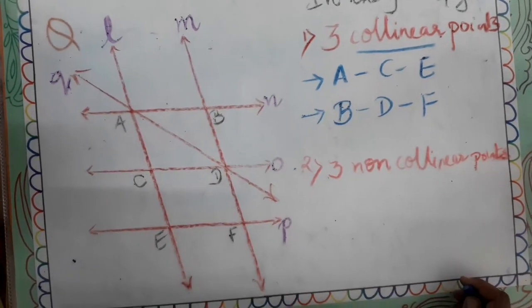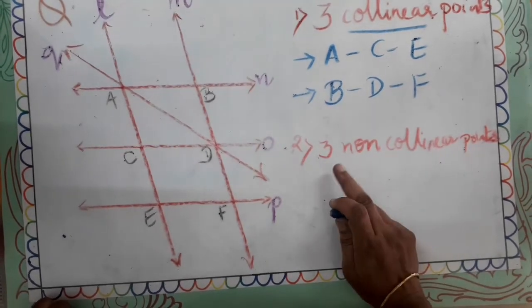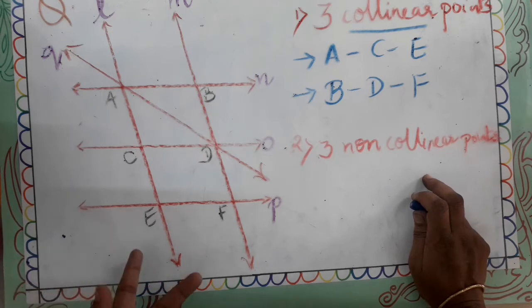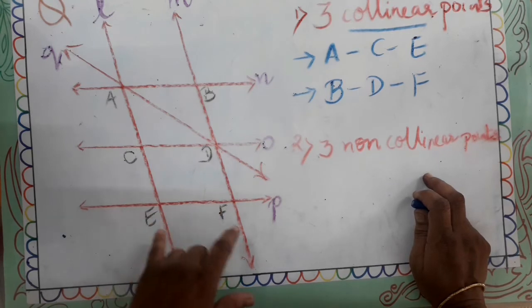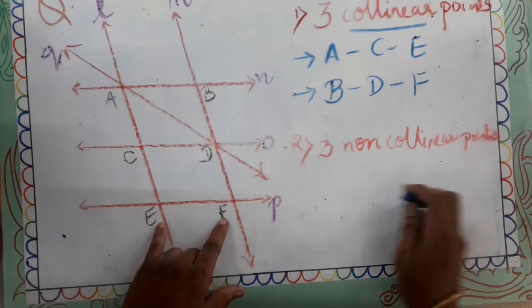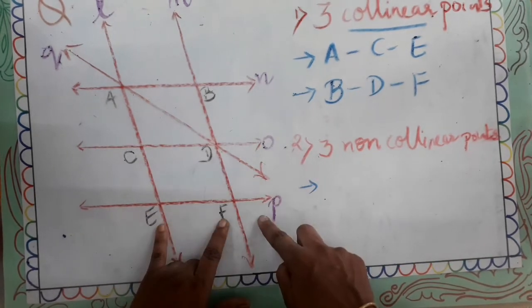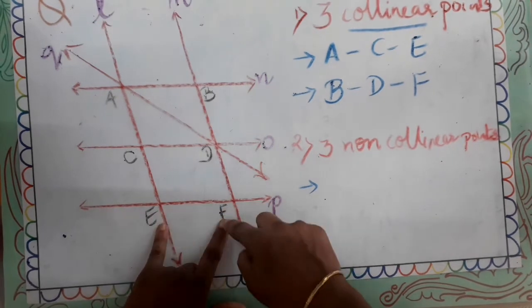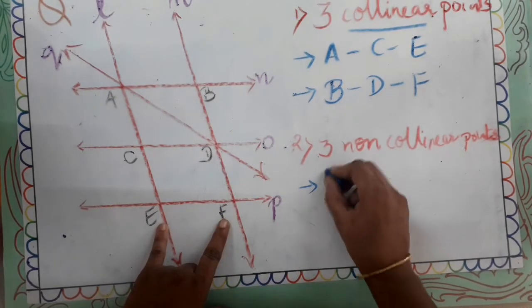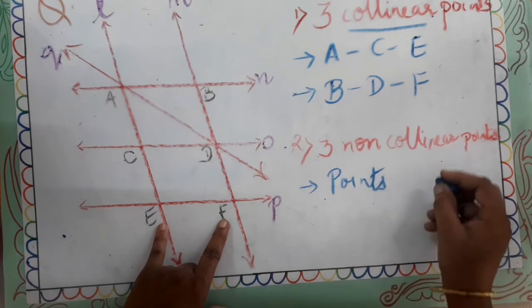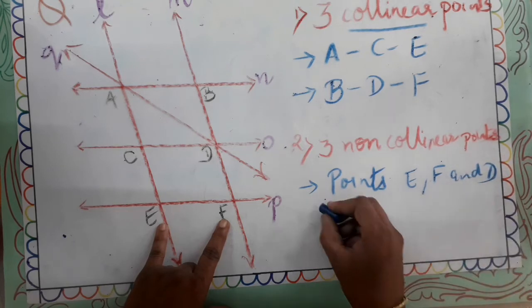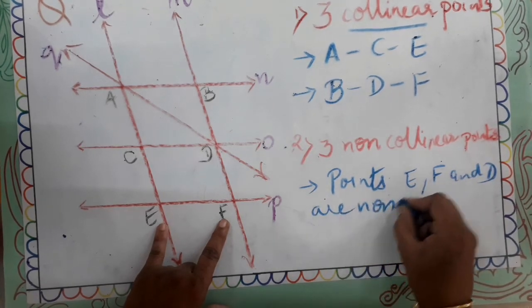Now when you have to identify 3 non-collinear points, you can take any 2 points on the same line and take any other point not on that line. Here I am taking this line, so E and F are on the same line. If I am talking about E, F and D, then I can say that they are non-collinear points. So points E, F and D are non-collinear.